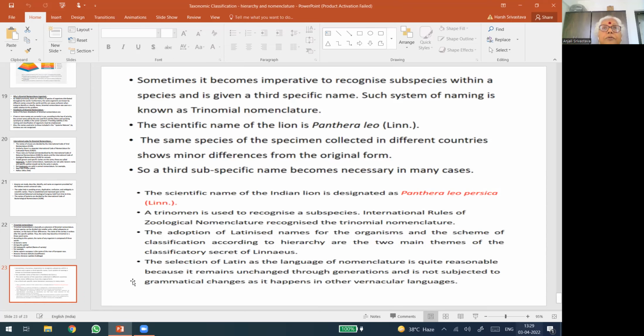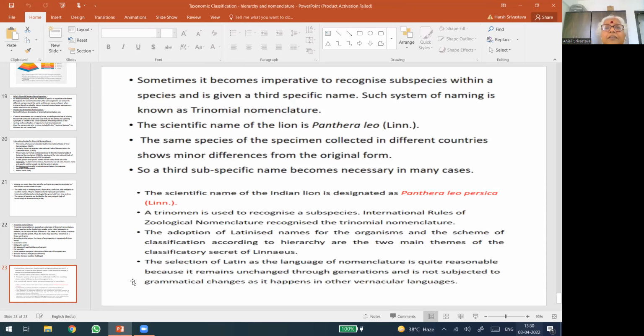You will be asked to give the scientific name, scientific classification or taxonomical hierarchy of the given organisms, animals or plants, and then you have to classify those organisms, and the final step will be their identification, naming their binomial or trinomial nomenclature as it is written.